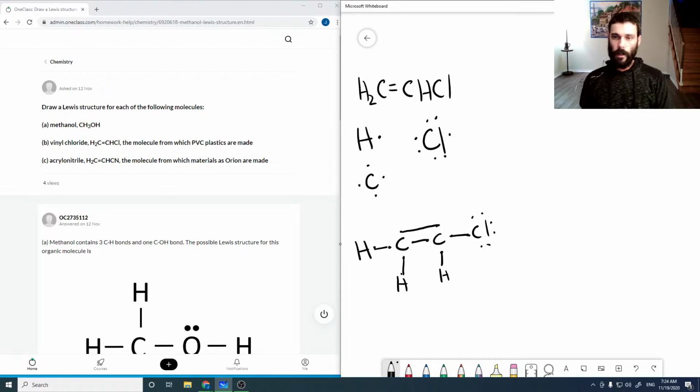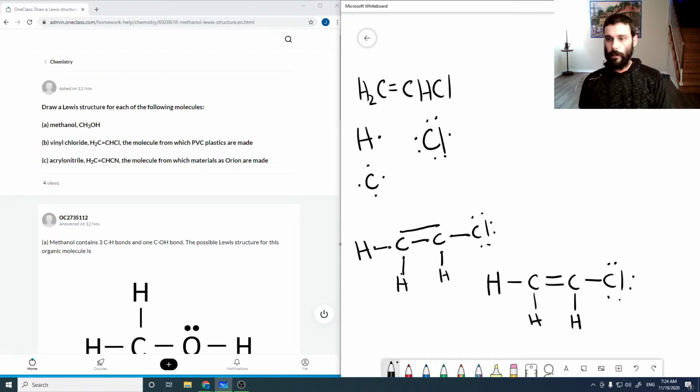And as this kind of looks funny, we might want to redraw it as it typically is seen, which is just like this. But leaving in all of our lone pairs.